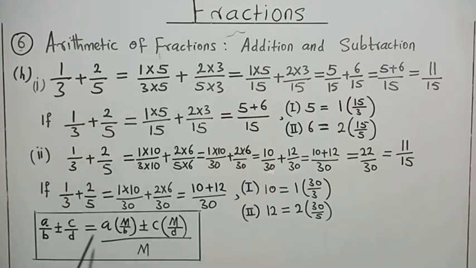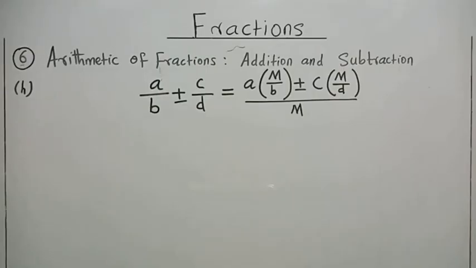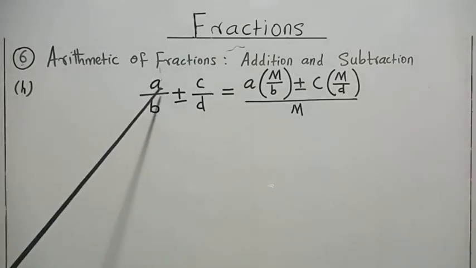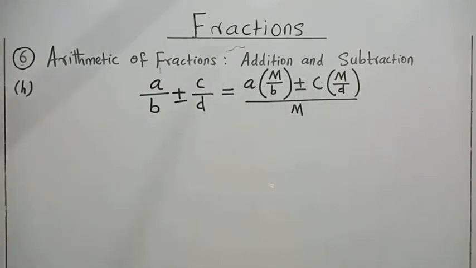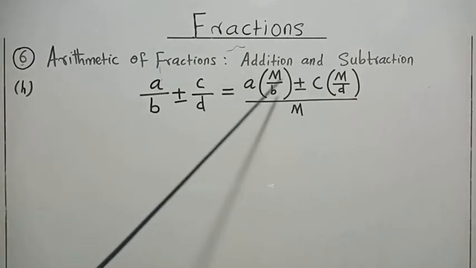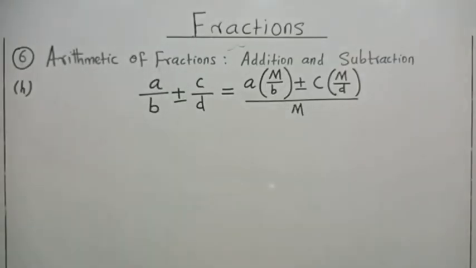Let me rewrite this law in a bolder form as a reminder. And here is that same formula in a bolder form as a reminder. A over B plus or minus C over D is the problem, and this is how to solve it. At this point, let me remind you that any of the common multiples of these denominators can serve as M, but it is always better to choose the lowest common multiple.